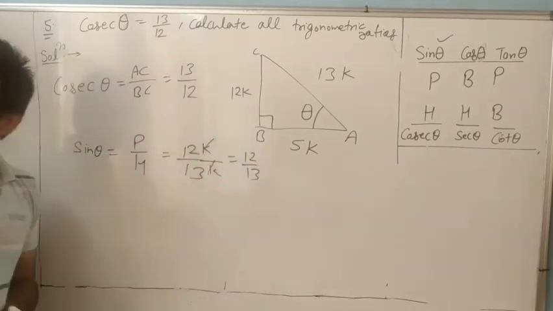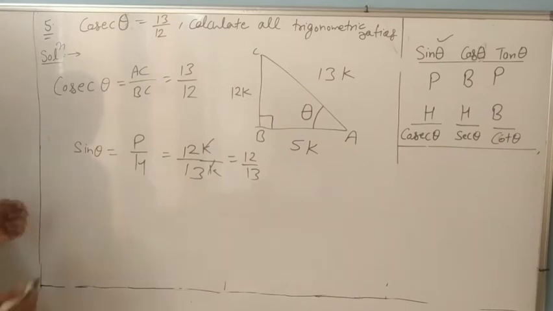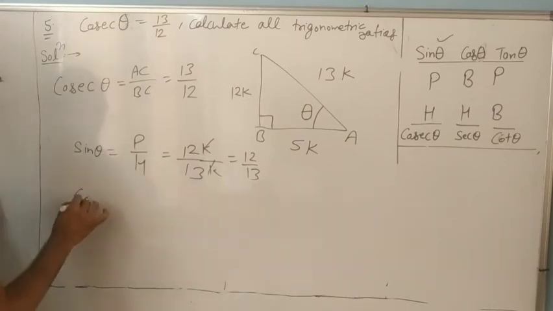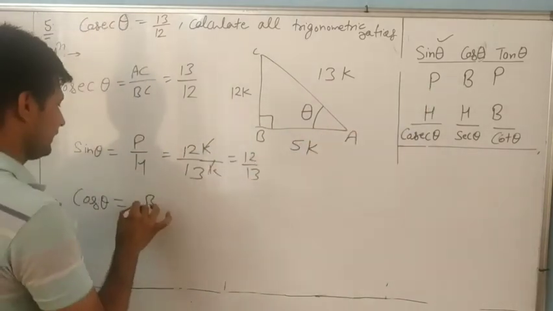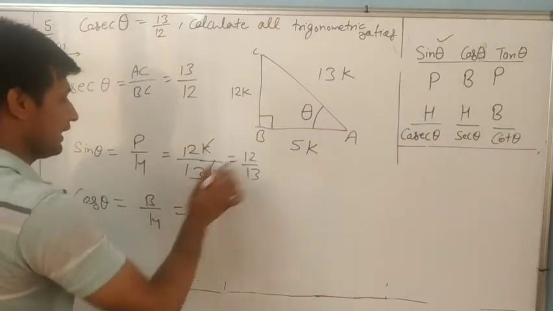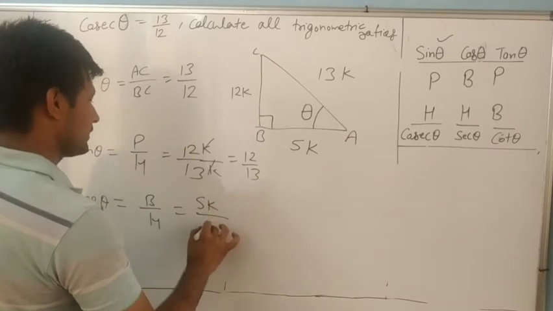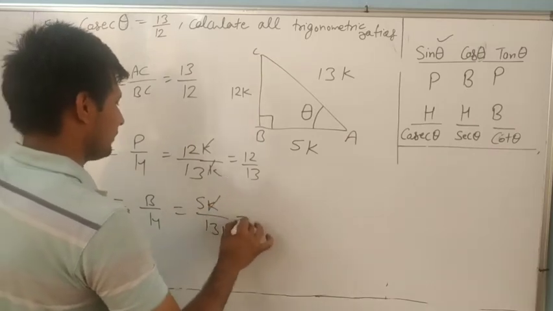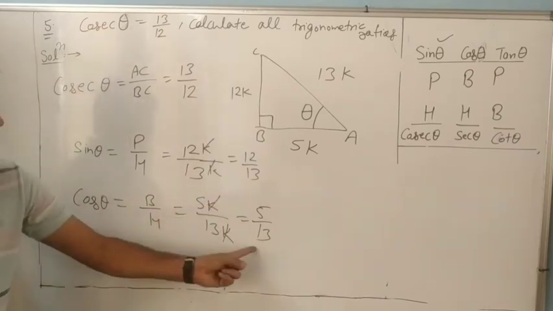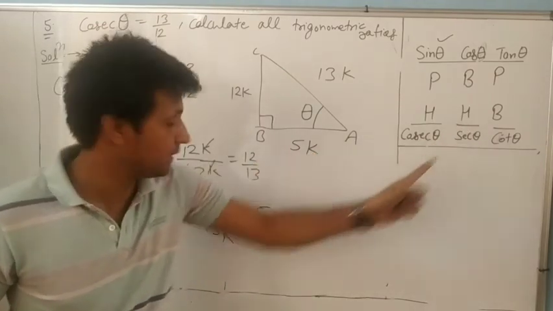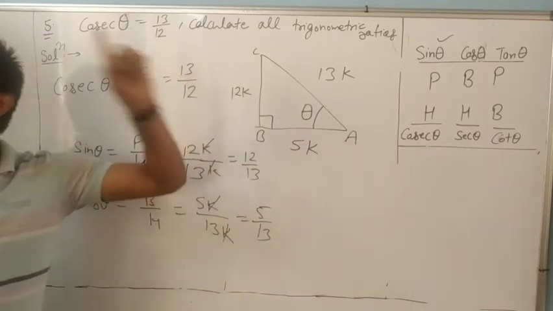Next is cos theta, base divided by hypotenuse. Base is 5k, 13k. k cancels k. Cos is 5 upon 13. Then sec will come 13 upon 5.